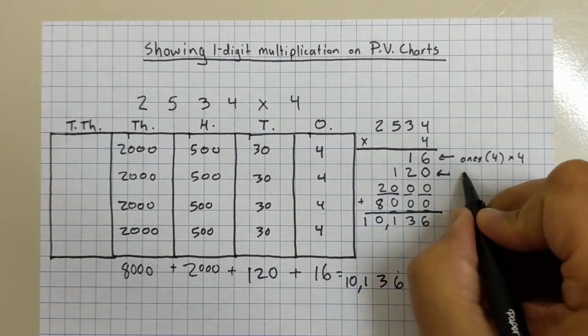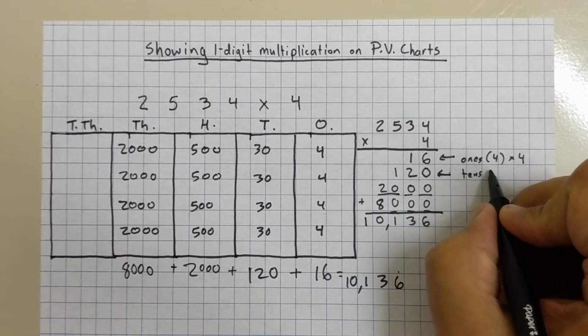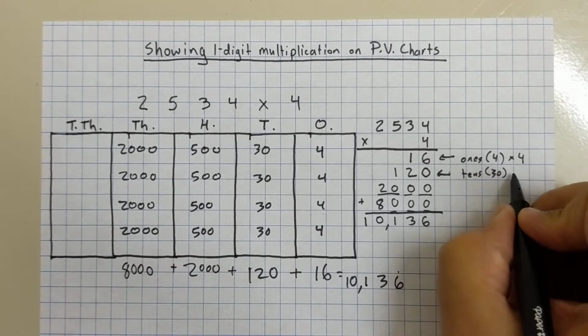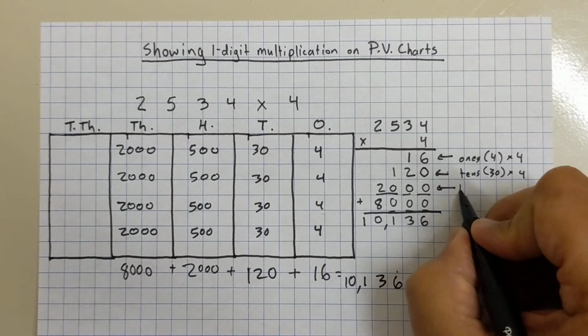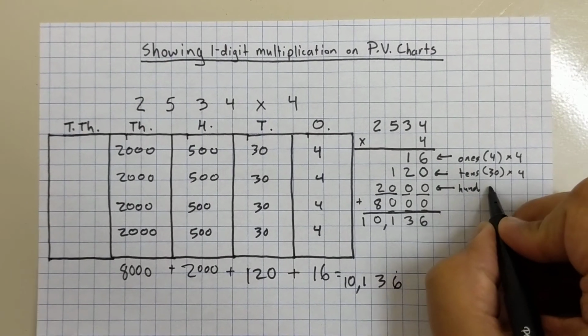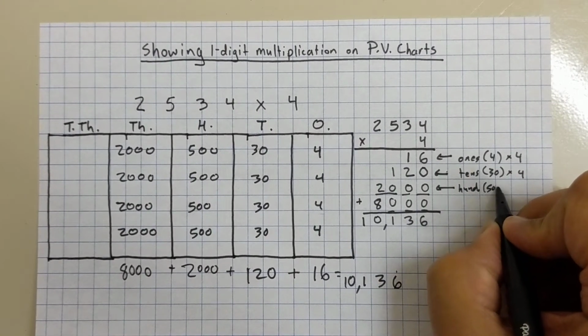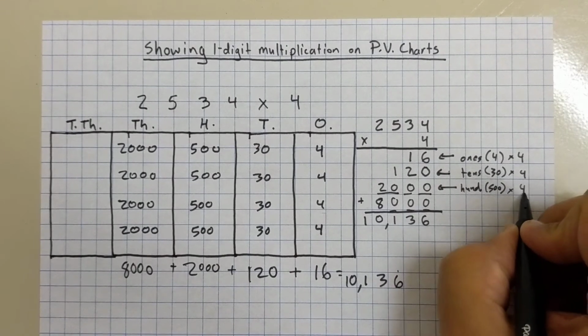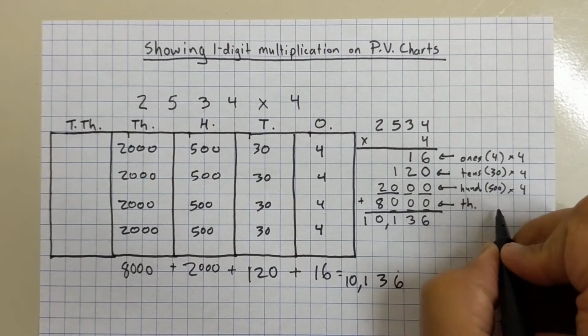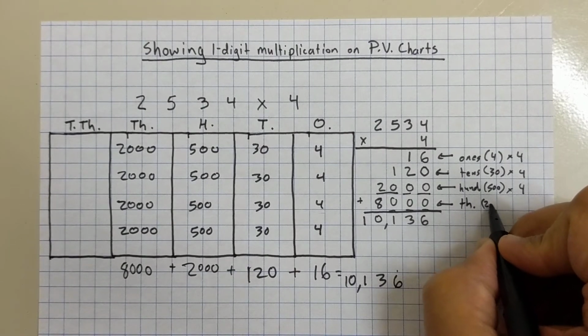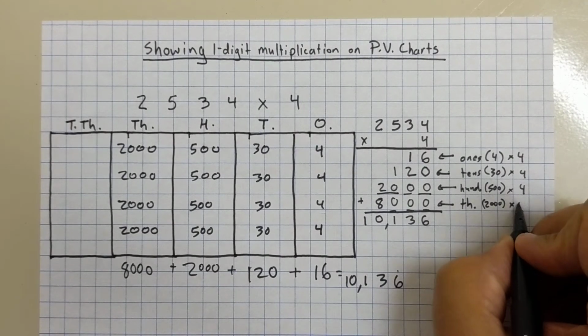This one is my tens place, which was technically a 30, times 4. This one is my hundreds place, which is a 500, times a 4. And then this one is my thousands place, which is 2,000, times a 4.